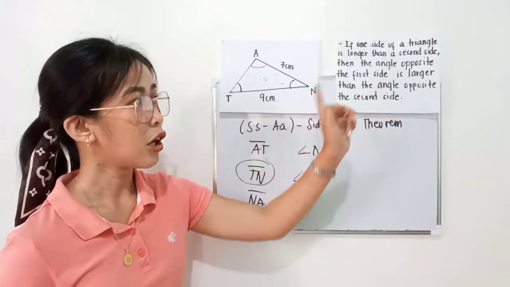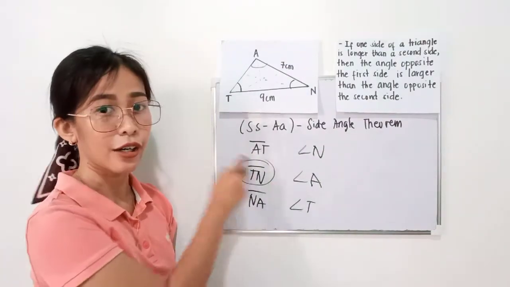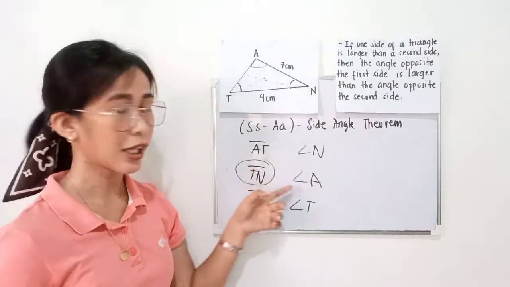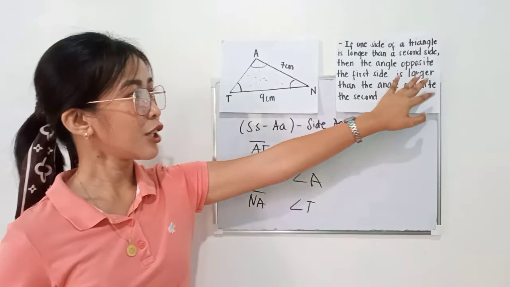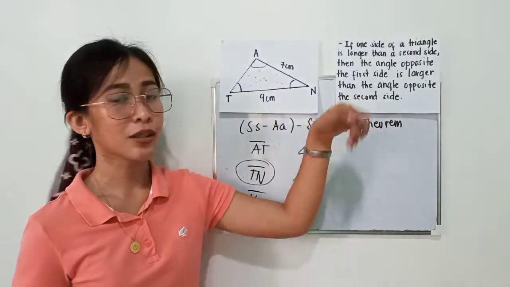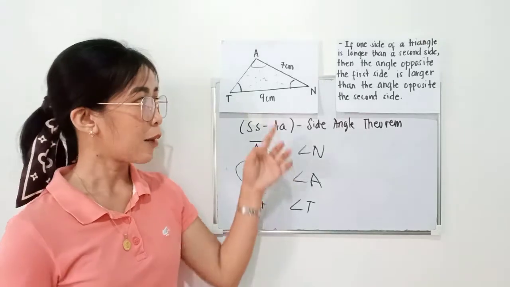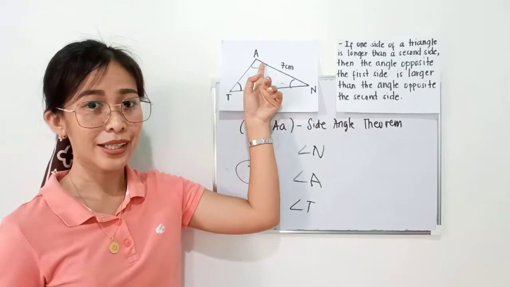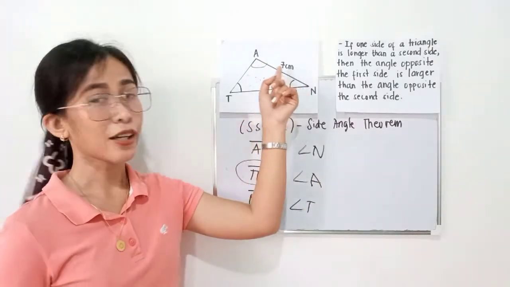Then, the angle opposite the first side, our first side being the longer one. Always remember that the first side mentioned in this theorem is always the longer one. The angle opposite it is larger than the angle opposite the second side. So, when you identify the longer side, the angle opposite to this side, which is angle A, is larger than the angle opposite to the second side.